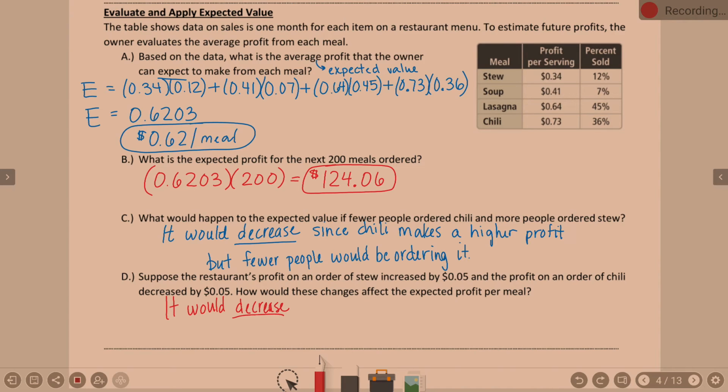Okay, I would find a description to write there. Let's see. On mine, I'd put more chili is sold, so an equal increase in stew would not be enough to offset chili.